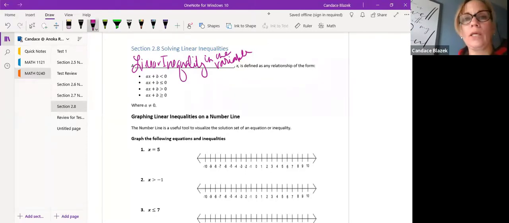We don't call these equations because there is no equal sign. We call them inequalities because the two sides are rarely equal, typically not equal.